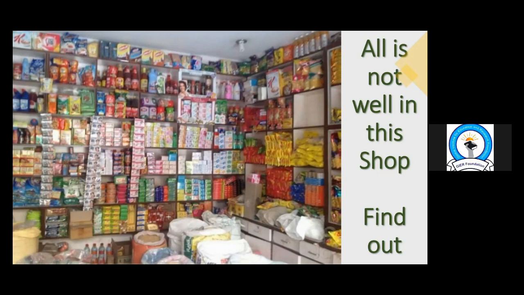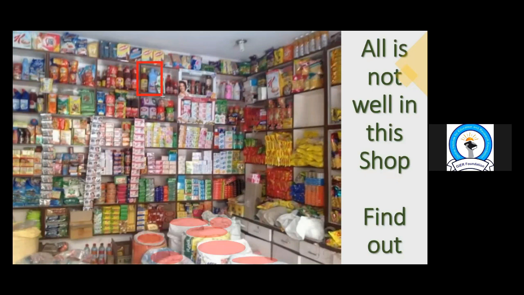The one thing, no food item should be kept open. As you can see here, the food items are open. So we need to cover all food items so that there is no chance of physical hazard contamination in your food product. Right? Second, as you can see, the shopkeeper has put food items along with non-food items.